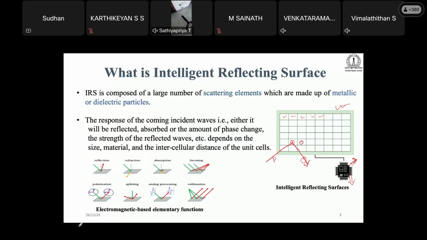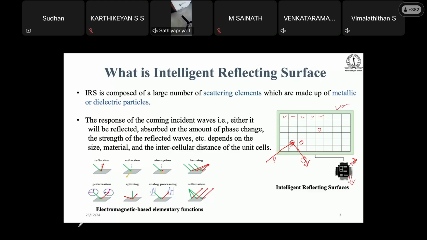But these elements are passive elements, and they have some kind of metallic and dielectric particles, so they have some properties. This is the main thing: if a signal is impinging on any element, it will get a phase and another amplitude and reflect the signal to a particular direction.